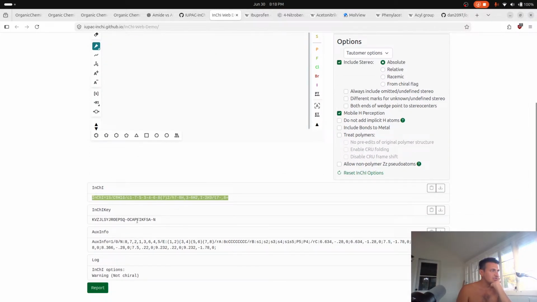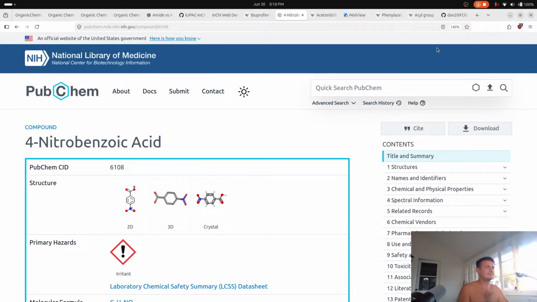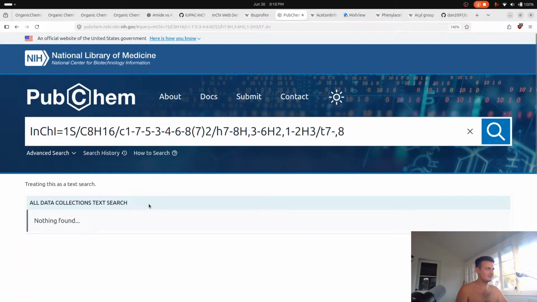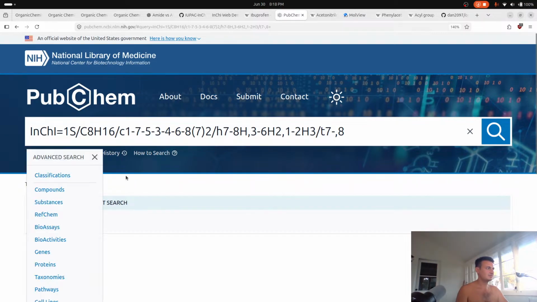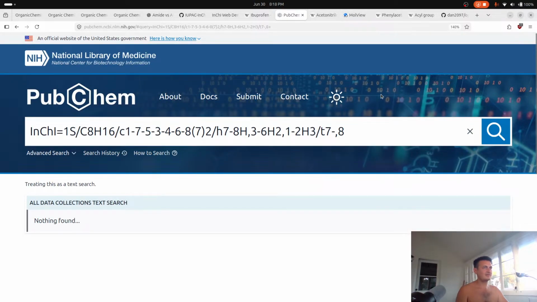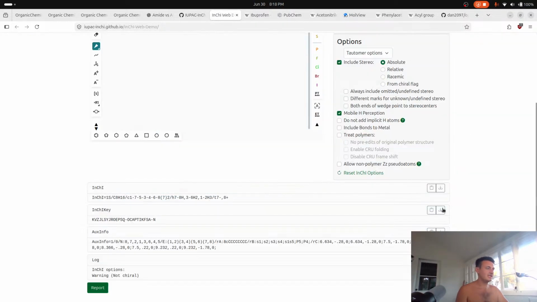All right, so let's see, here we go. So here's the InChI. Here's the InChIKey. Okay. So if I copy this, and then I go to PubChem, and look this up, am I gonna get something? That's what I'm saying, dude. But what if I look up the InChIKey then?